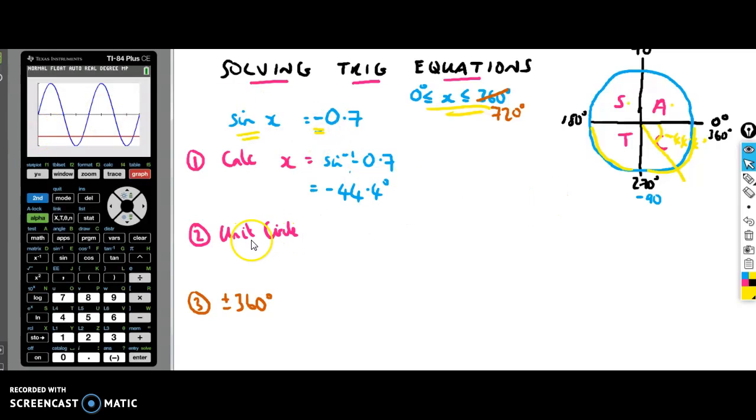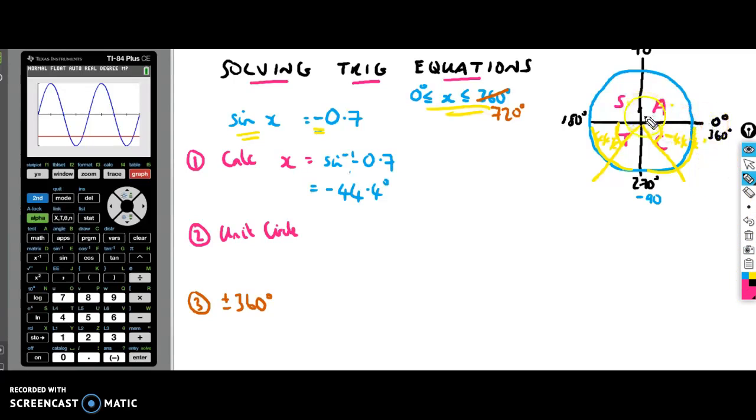All right, so what do we do now? We use the unit circle to find the second value. Well, we want it where it's negative, and it's not negative in sin or all, so it must be over here. We reflect it again. We know this angle, it's 44.4. Now what angle do we want?